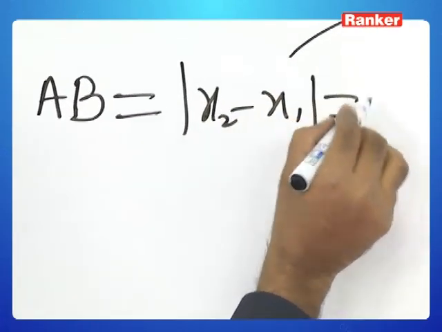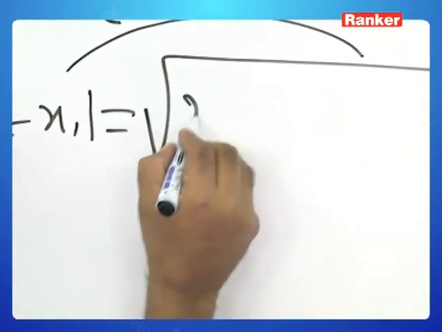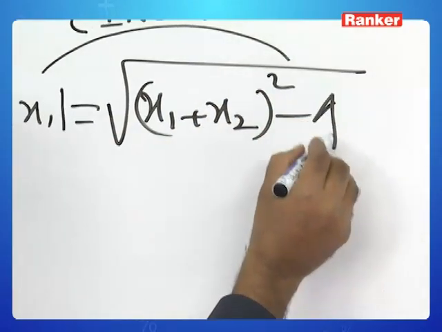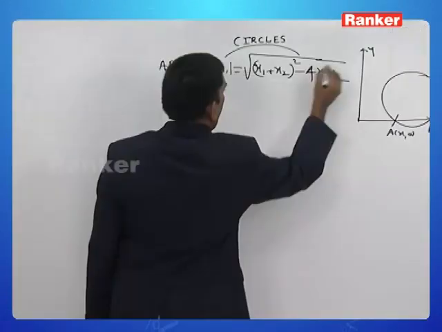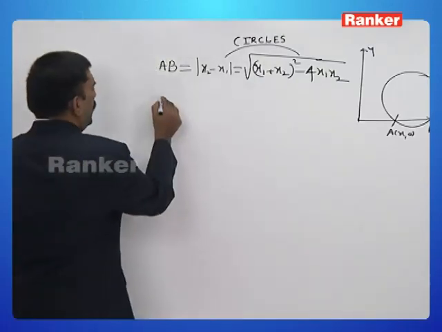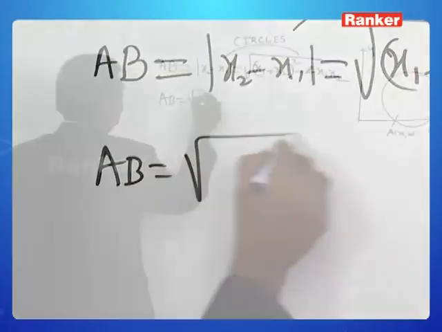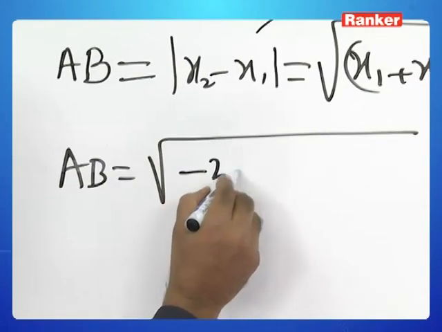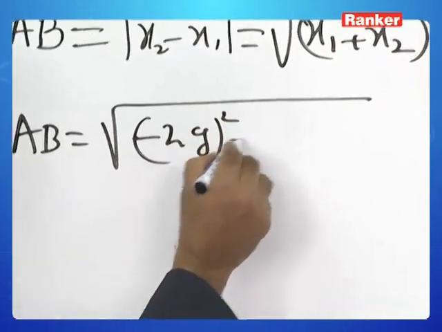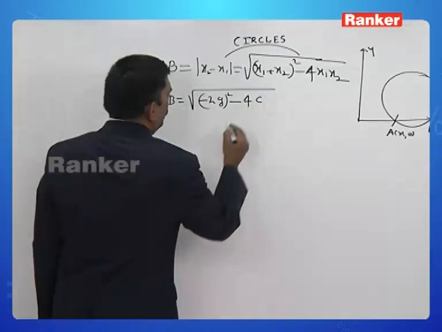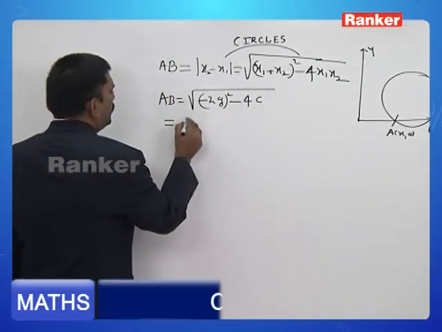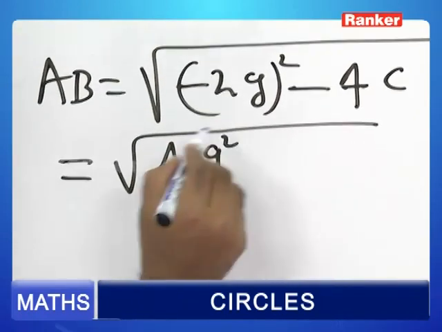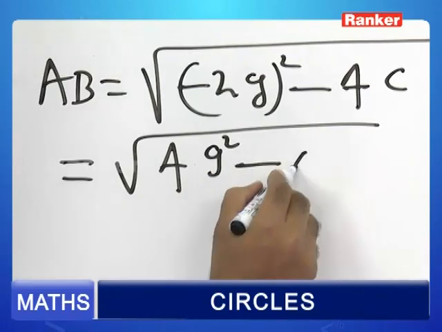So AB is equal to the square root of (x1 plus x2) whole square minus 4 x1 x2. Therefore AB is equal to the square root of (minus 2g) whole square minus 4 into c, which is 4g square minus 4c.